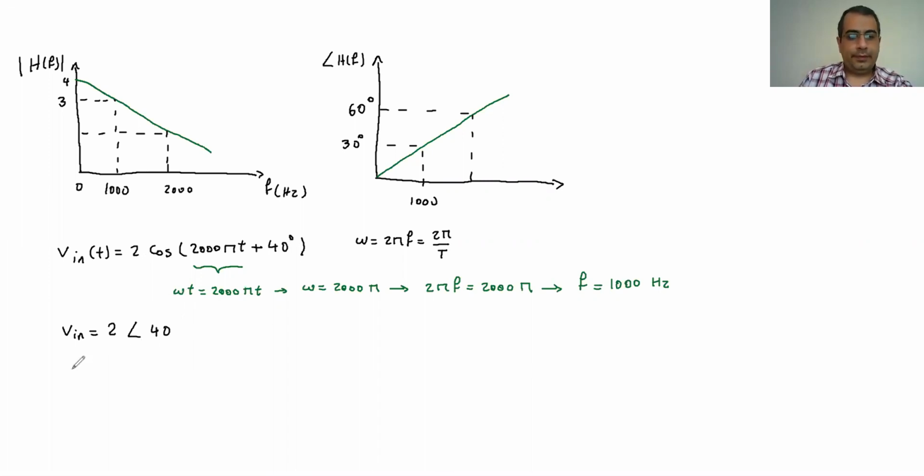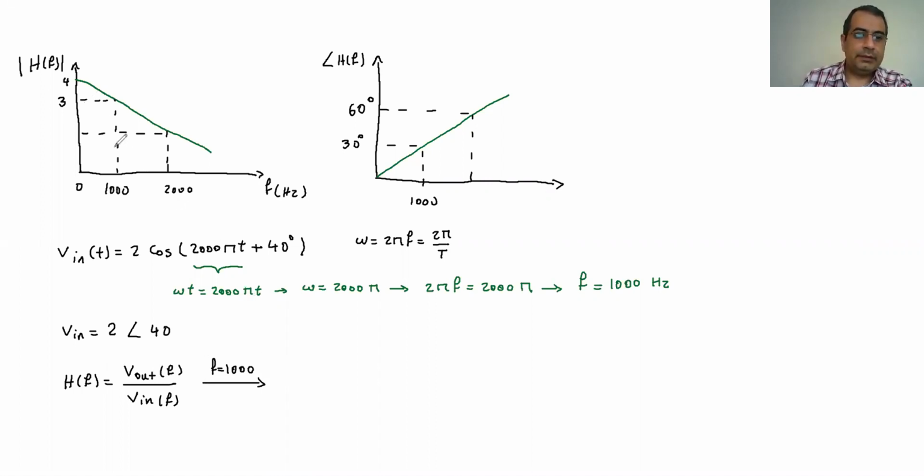Now I know the transfer function is V out over V in. For this case, the frequency is 1000, so I need H(1000).